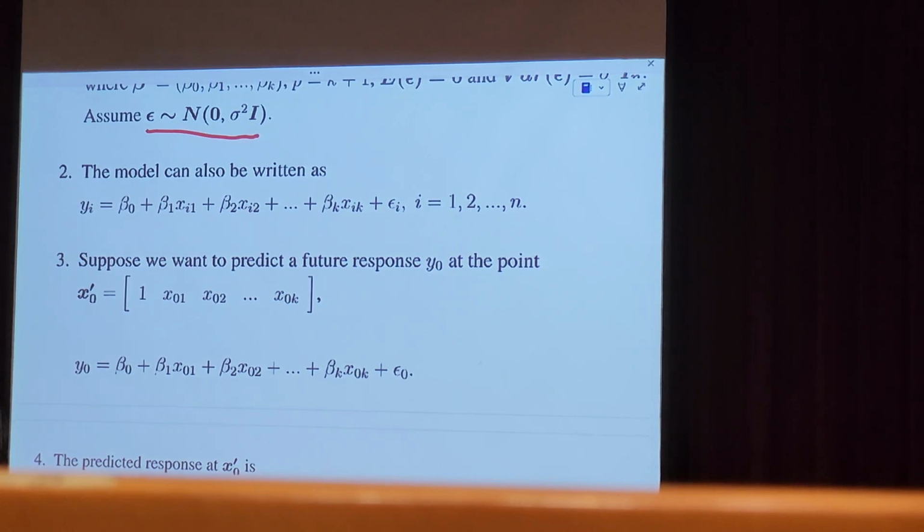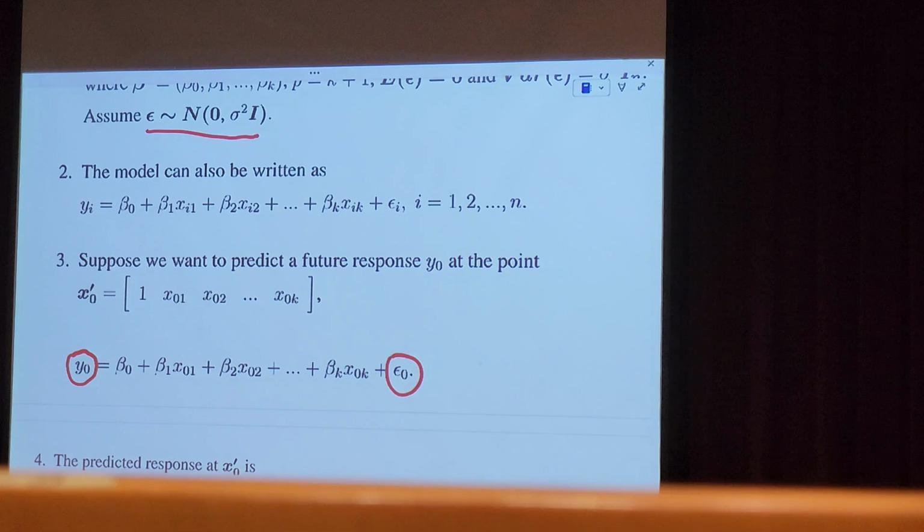So this is what will happen if you observe it. If you observe it, that is y0. And there's a random error. The random error will make this y0 a random variable. So now we are trying to predict, not a constant, unlike the previous case, where the mean response is a constant.